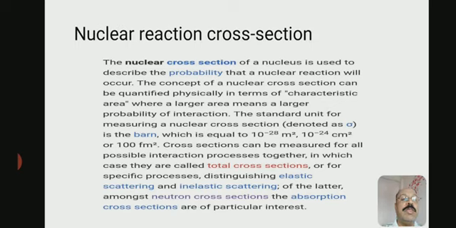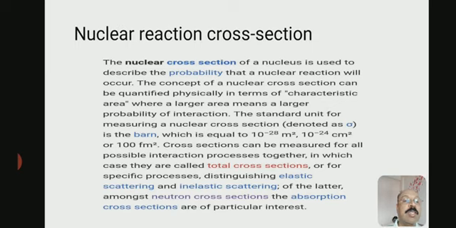The standard unit for measuring a nuclear cross section, denoted by sigma, is the barn, which is equal to 10 to the power of minus 28 meter square, 10 to the power of minus 24 centimeter square, or 100 femtometer square.